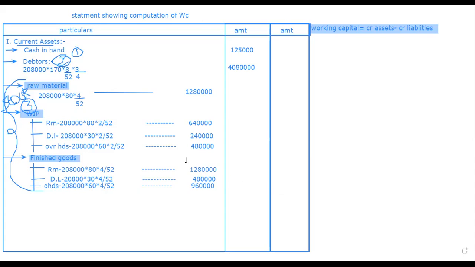So here my total answer, only regarding the stock, you can see 53 lakhs 60,000 is the information. Now I am going to add the total of my current assets. So the total of current assets we are going to place it here.